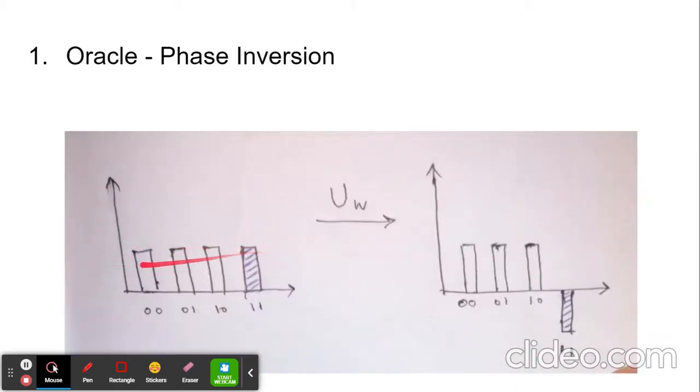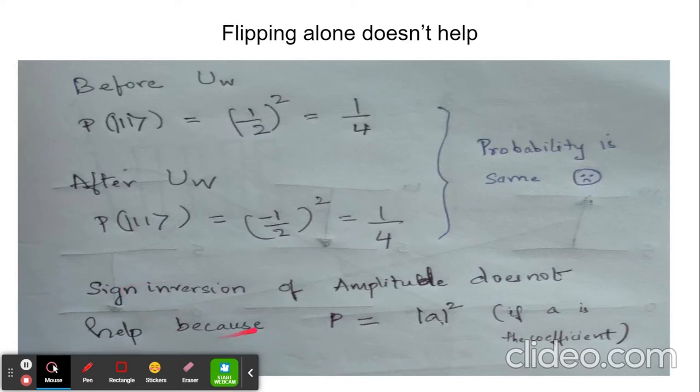Graphically, we can see the same. All are of amplitude 1/2, and when the oracle operator acts, the sign of the winner state is flipped from 1/2 to -1/2. But does it help anyway? Before the oracle acts, the probability was 1/4, and even after it acts, it is 1/4.